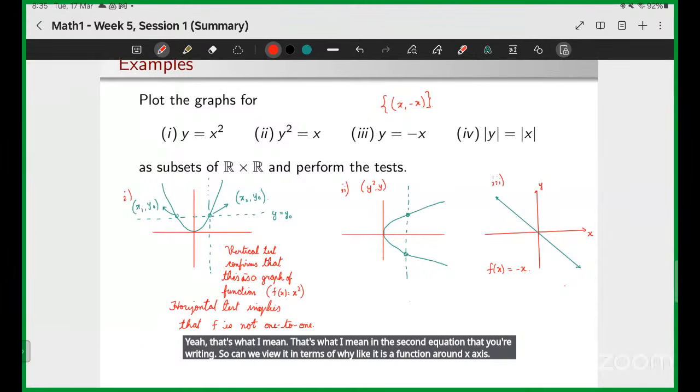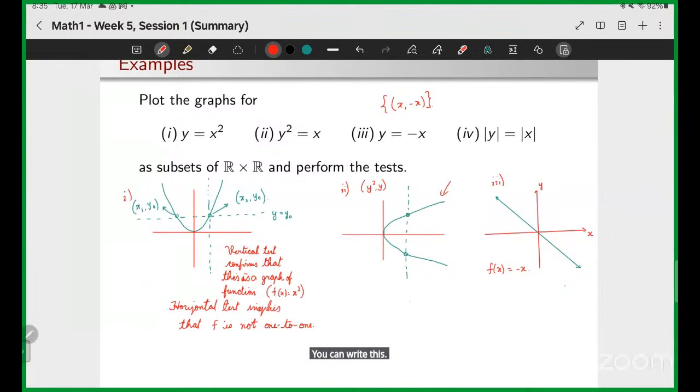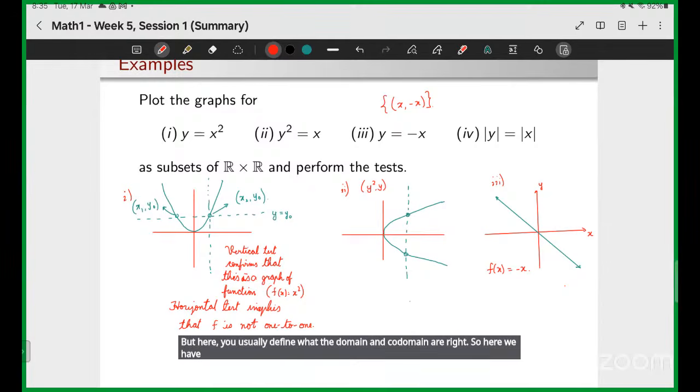You can write this. This is the graph of a function of y. That is okay. But here you usually define what the domain and codomain are, right? So here we have defined the elements of the domain as x, and the elements of the codomain as y.